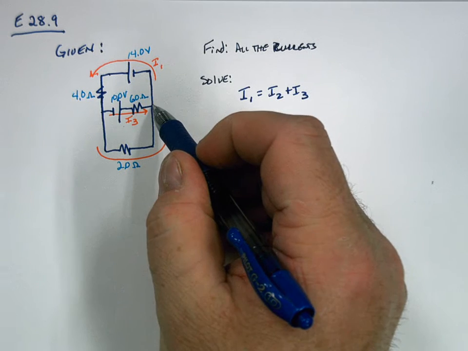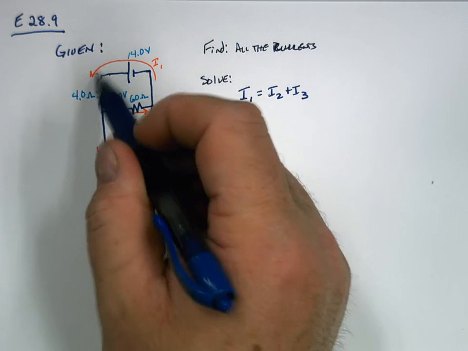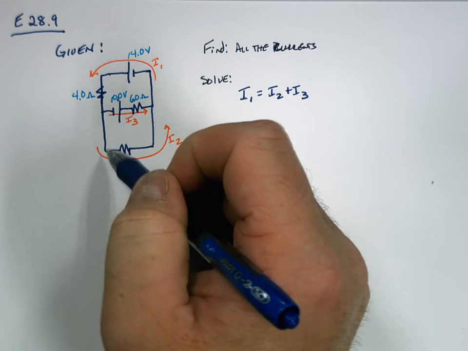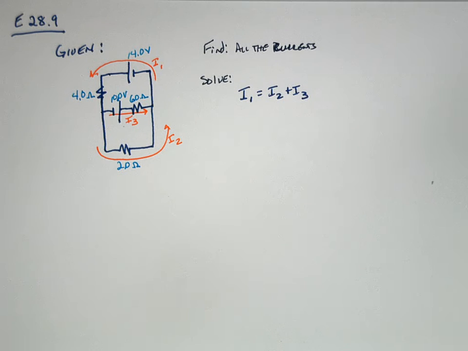I take this junction right here, so I1's coming in, and it's going to equal I3 and I2. So here's our equation, except we have 3 unknowns. You may see where this is going already. We're going to need at least 2 more equations to come up with what our currents are.